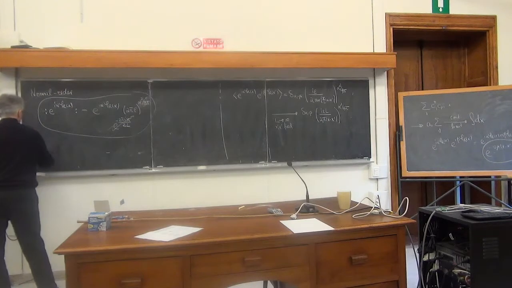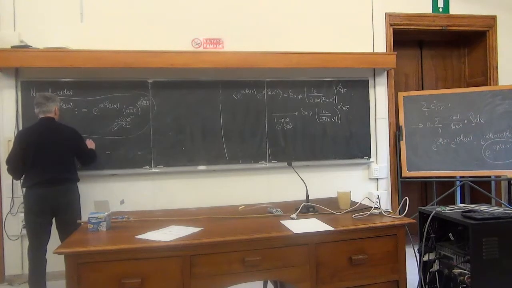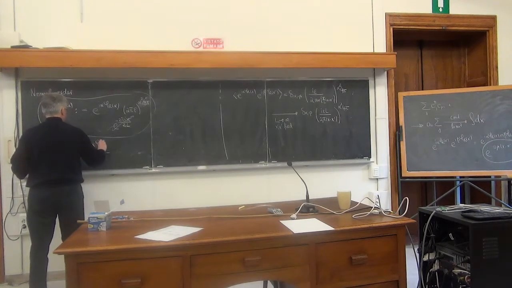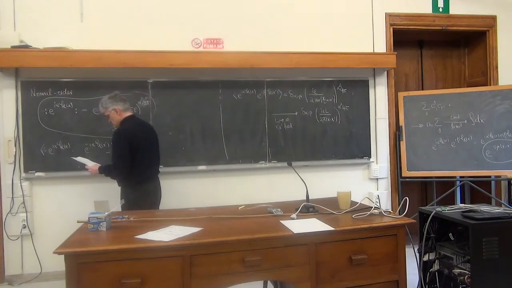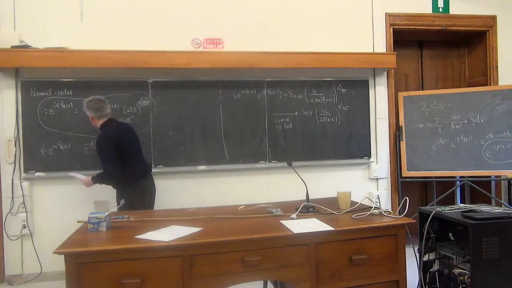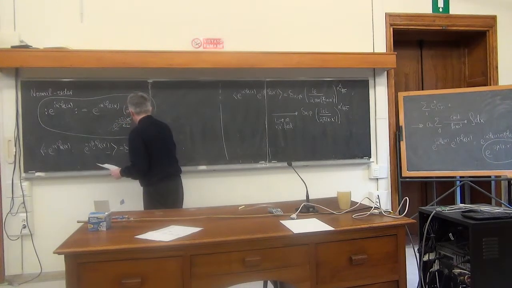Combining these two, I conclude that e to the i alpha phi right of x, normal ordered, and then here I put e to the minus i beta phi right of x prime, normal ordered. This correlation function is equal to delta alpha beta times some length scale, let me call this curly L, x minus x prime, to the alpha squared over 4 pi.